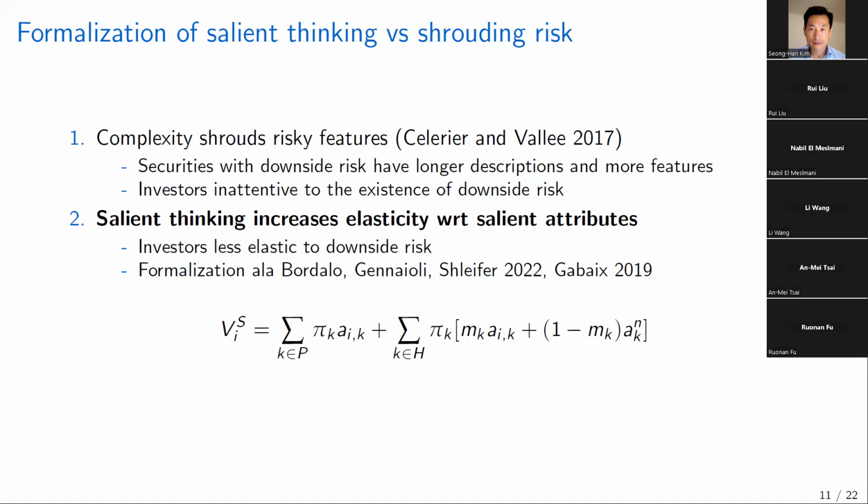On top of the value of the attribute, a_ik, and the weight the investors place on this attribute, pi, you also have this m_k, an inattention parameter. So m_k governs how inattentive, how much less elastic investors are with respect to attributes that are not prominently displayed.